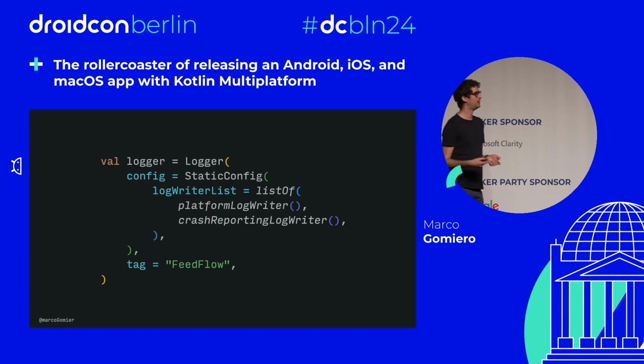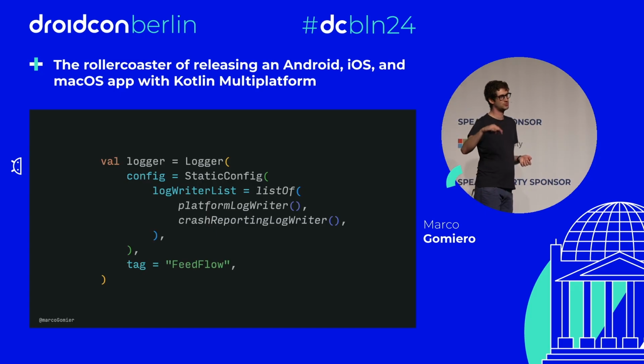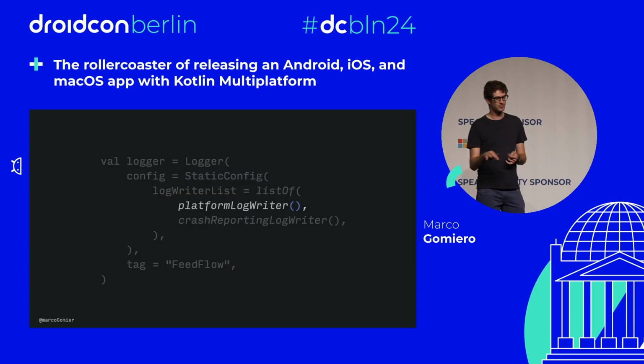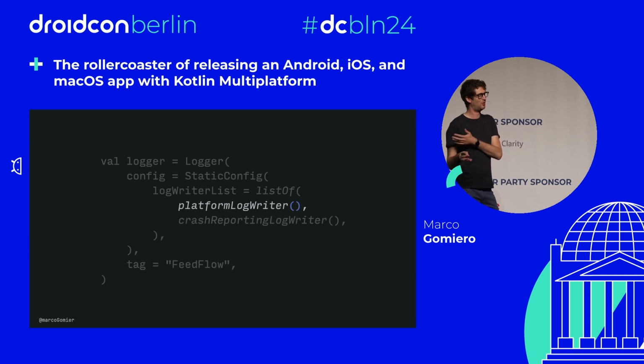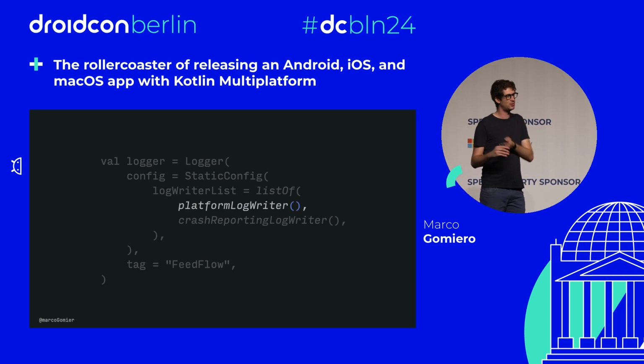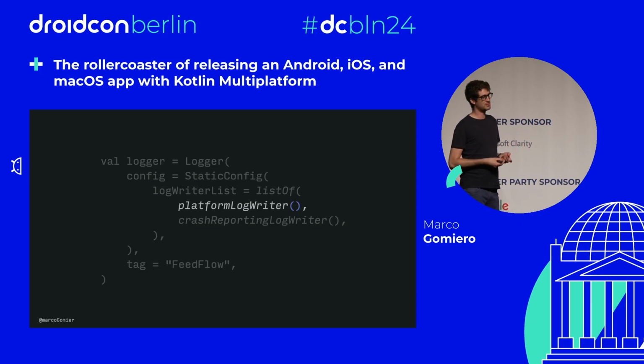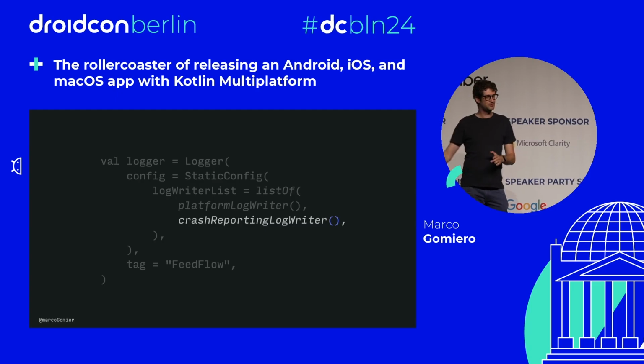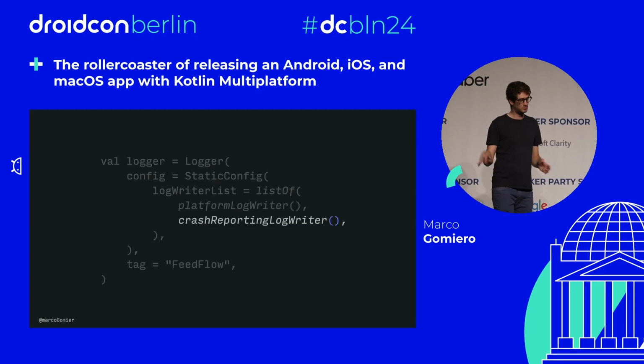But on top, you can also send the logs to some other places. For example, you can customize your logger. In this case, you have a platform log writer, which by default writes on the platform-specific things, so on Logcat, for example, on Android, or the standard output on the JVM. But you can also specify a different place where to put your logs.